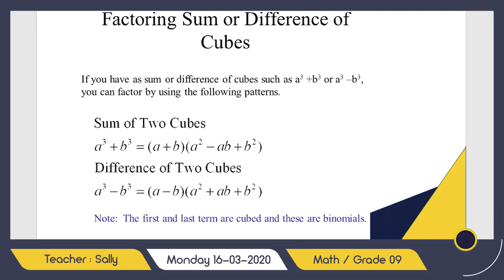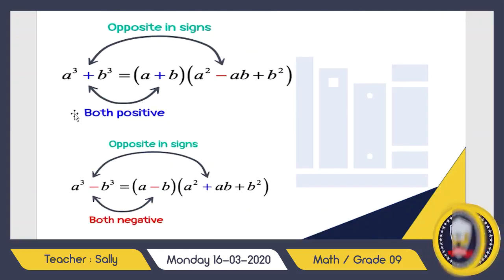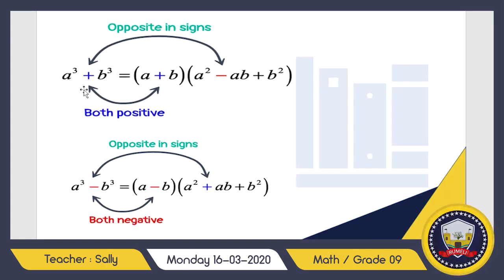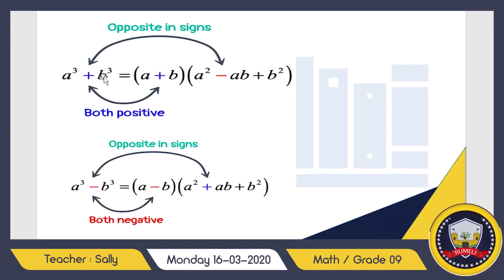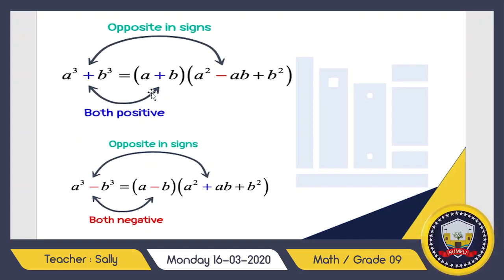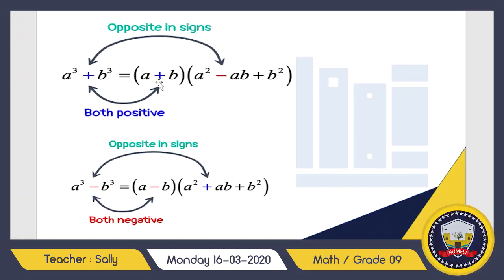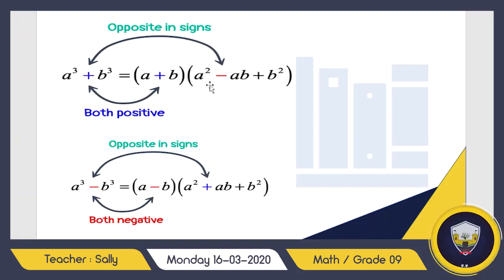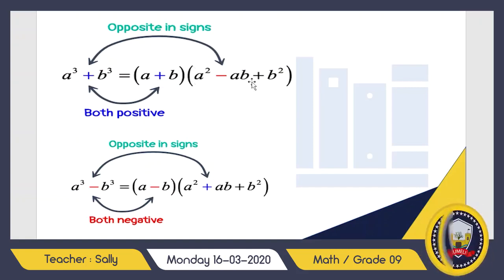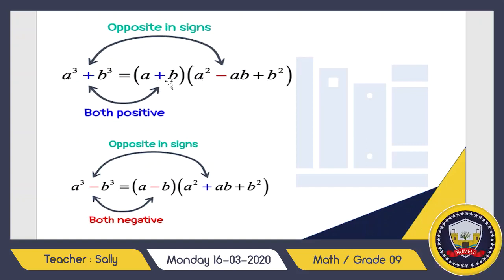how it will work. As you see here, a power 3 plus b power 3, the first bracket is going to be the cubic root of the 2 terms, a plus b, and it takes the same sign of the problem. The second bracket, which is a little bit bigger, will have 3 terms.